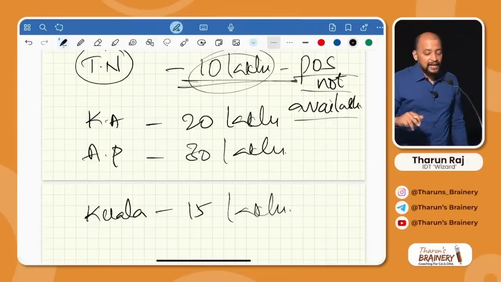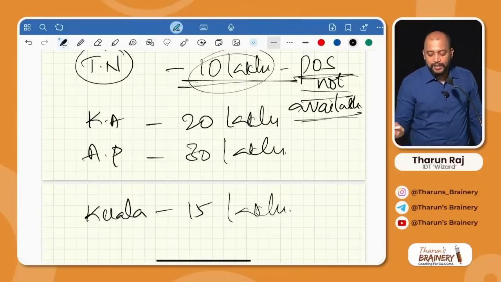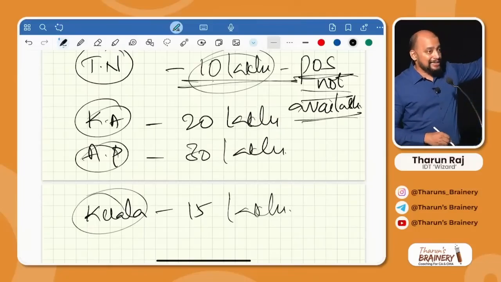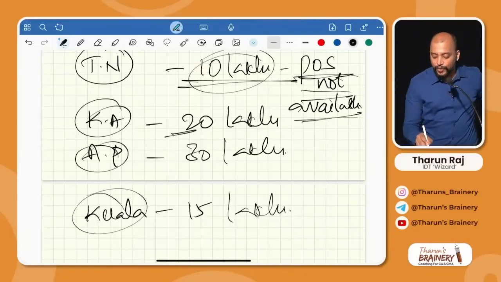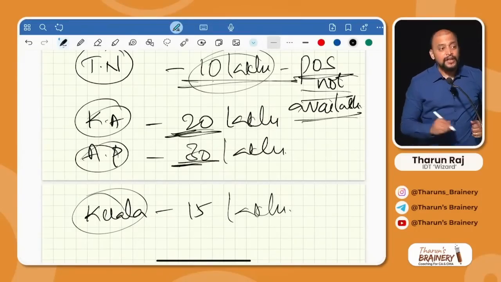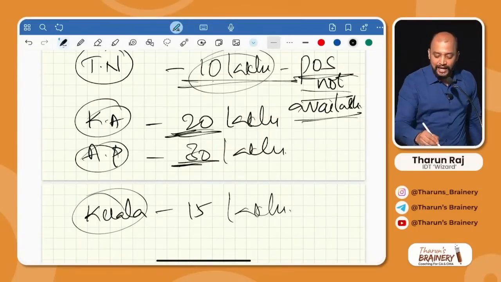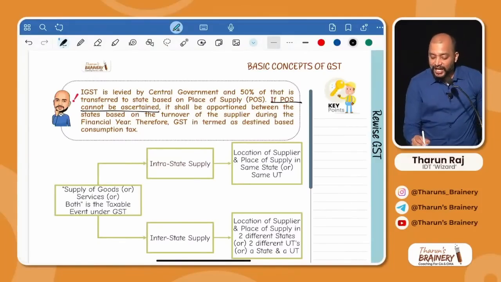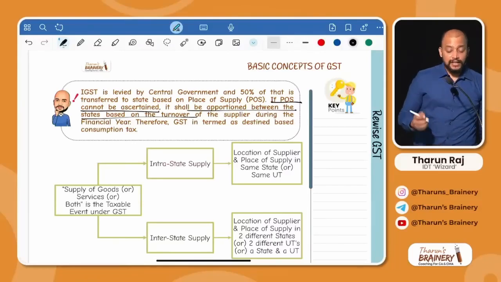The remaining 50%, as place of supply is not ascertainable, they will distribute between Karnataka, Andhra Pradesh and Kerala. In what ratio? 20:30:15 ratio. You read it again, you will understand. That is, if place of supply cannot be ascertained, it shall be apportioned between the states based on what?